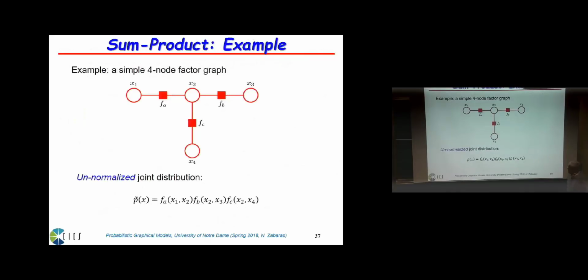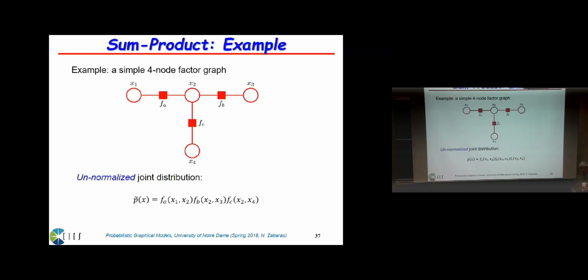All right, so let's take a break, and you guys will help me do not a chain, but a little bit more interesting problem. Still a toy problem. We have 4 nodes and 3 factors. The factors connect nodes x1, x2, so a function of x1, x2, a function of x2, x3, and a function of x2, x4.